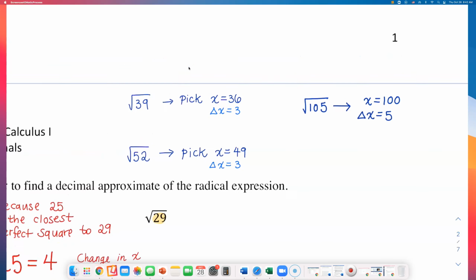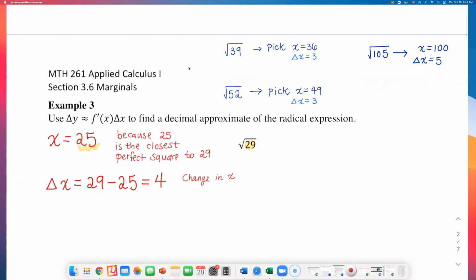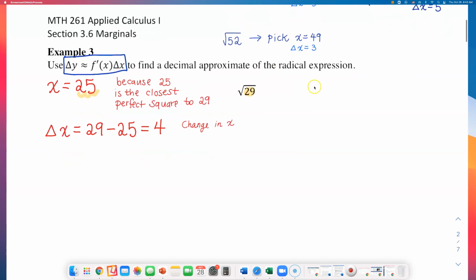After that point on, it's very simple. You just have to use this formula they gave us. So let me box this formula. Well, what else do we need? In this formula, we have delta x, but we need to find f prime of x, right?